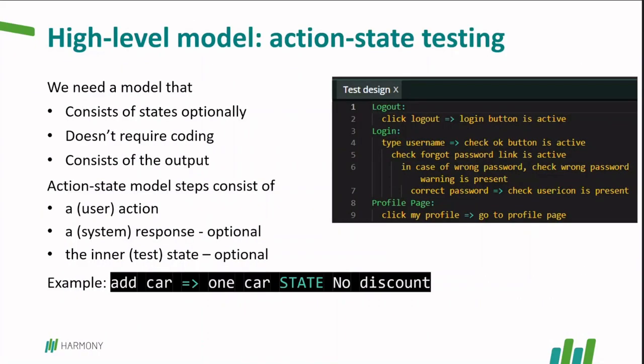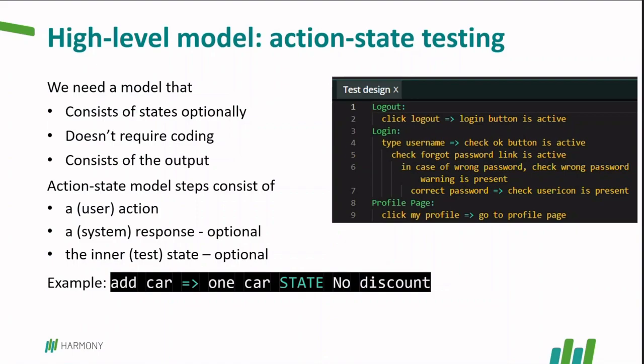The next step is the high-level model. We introduced a new test design technique called action state testing. We need this to have a model that consists of the states only optionally, and which really doesn't require coding and involves the outputs in a good way.